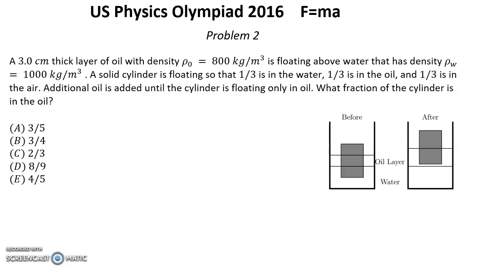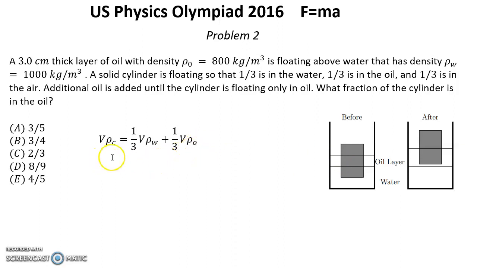Solution. First, we can write the equation for the floating cylinder. So we have the mass of the cylinder, which is the volume of the cylinder multiplied by rho of the cylinder. That's equal to 1/3 volume of the cylinder submerged under water multiplied by rho water plus 1/3 volume submerged in oil multiplied by rho oil.